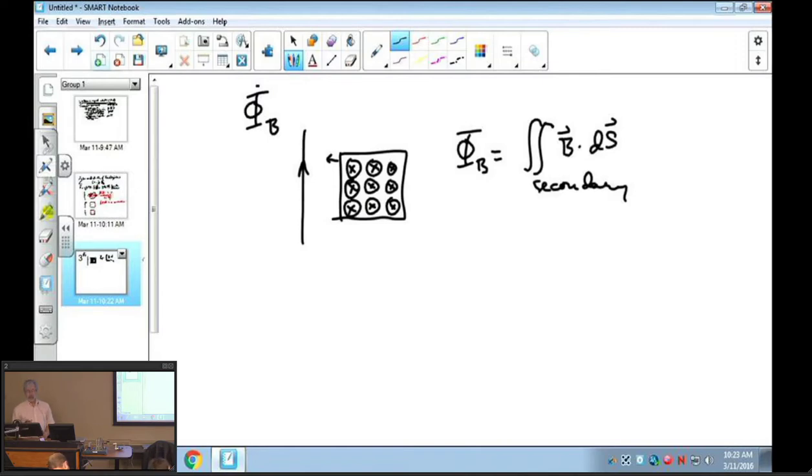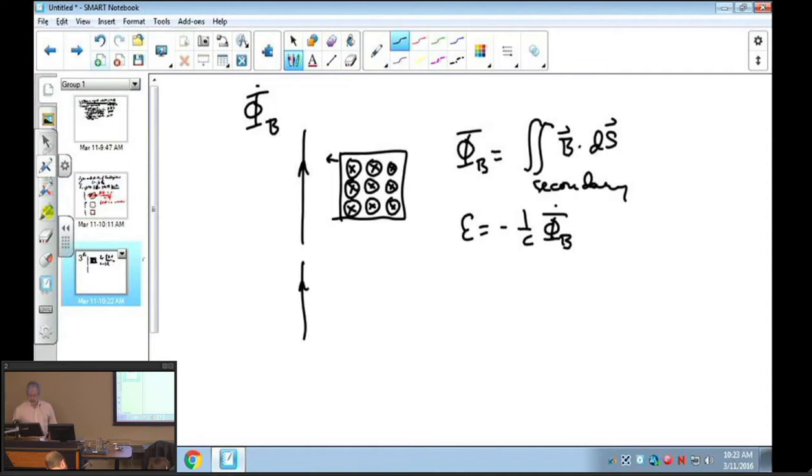Because the magnetic field is getting stronger as it gets closer to the primary, the magnetic flux is going up. And that will induce an EMF in the opposite direction. And it's exactly the same. If you calculate it this way, you get the same result as what I just did above.